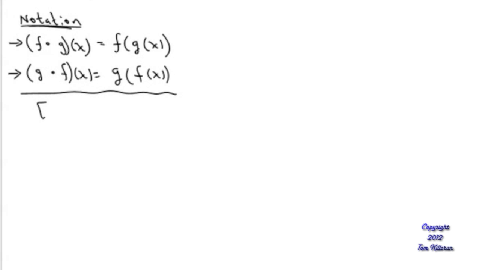So for example, if I give you f of x is equal to 2x minus 3 and g of x is equal to x squared minus 9. Just some random function. Well, by the way, what's the domain of f of x? Any real number.